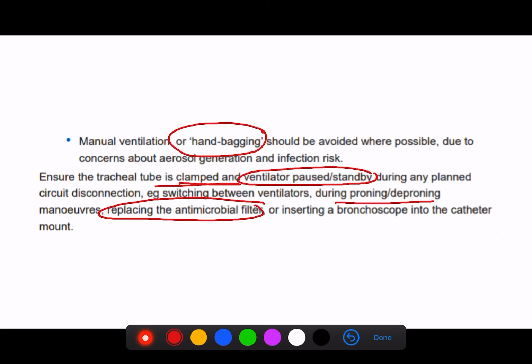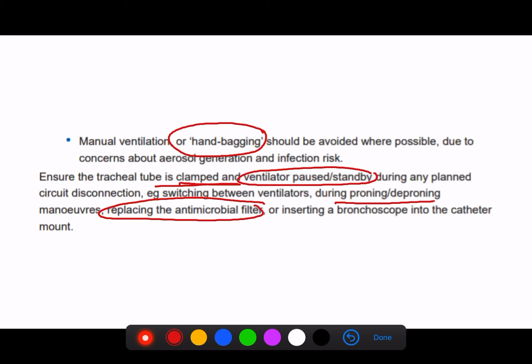If you're proning or deproning patients, you sometimes have to disconnect the circuit. I must be honest with you, I never disconnect the circuit when proning or deproning, but you always have a very experienced airway trained doctor at the head end when doing it to make sure that the tube doesn't move out, you don't get an extubation, or it doesn't push in too far during either the proning or the deproning period.